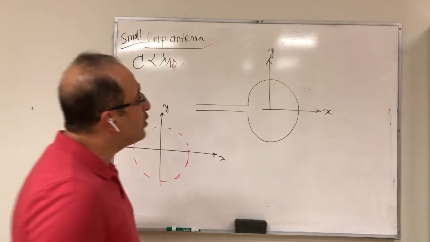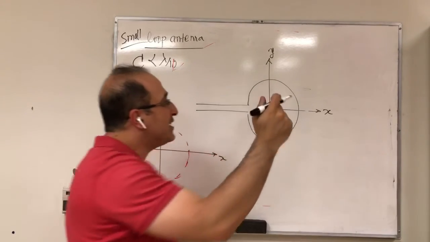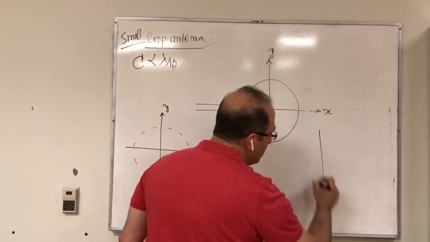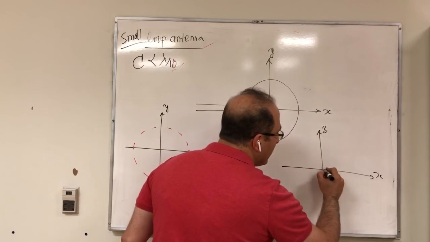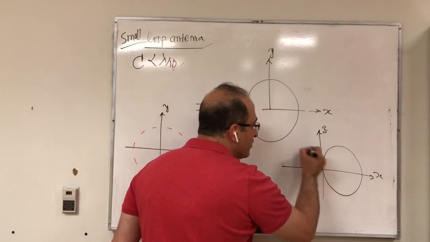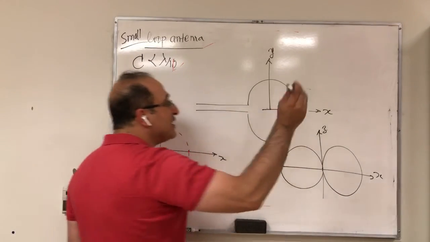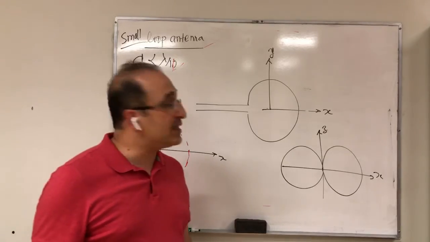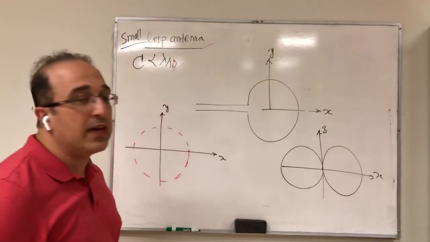Now, what about, for example, the xz plane? So this is my x, then z. Let me have my z and then x, and this is going to be your pattern. You are still going to get this donut shape, because along the z-axis, you essentially receive nothing, and that's your null. But on the x-axis, you get something.